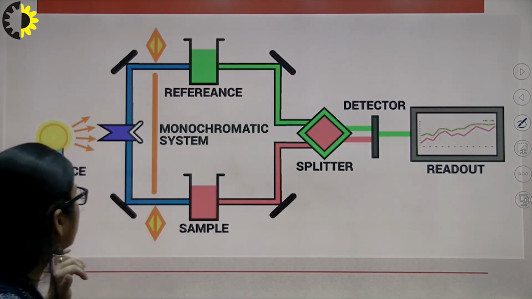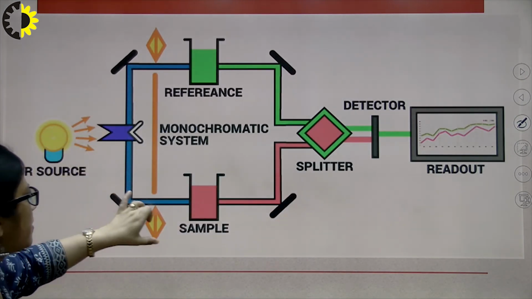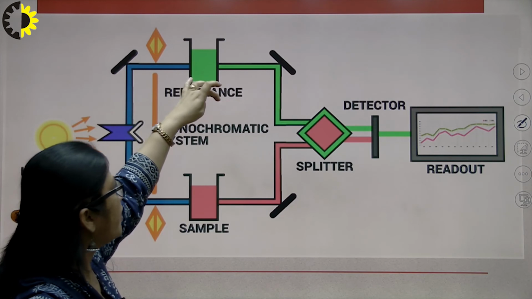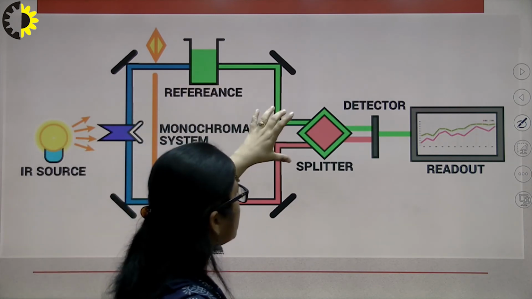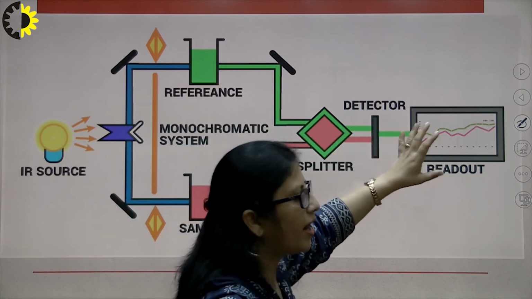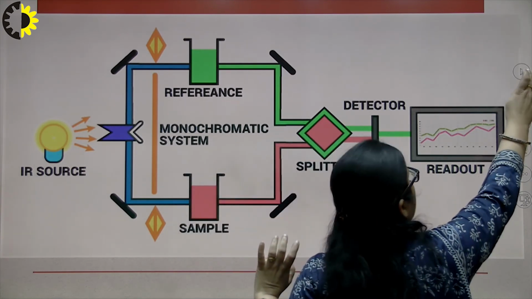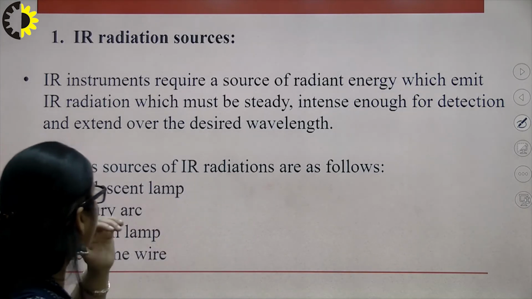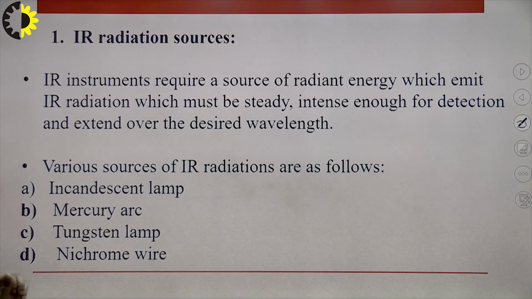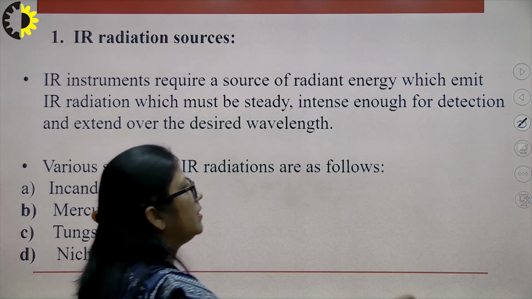Here you can see the IR source, one beam passing through the sample, then the reference, the monochromatic system, the splitter, the detector and finally the printable readout, the spectra which we are getting. Different light sources can be taken: the mercury arc lamp, tungsten lamp, or nickel chrome wire.